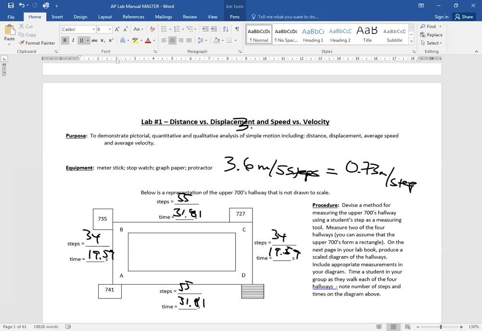Oh, wait, no, that's for 5 steps. Never mind. Okay, so I would just round it to the nearest meter, so let's just call it 25 meters.